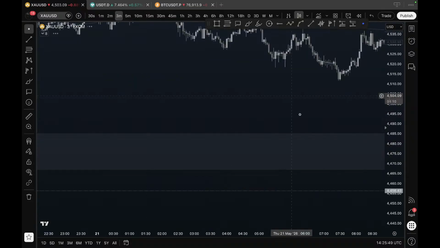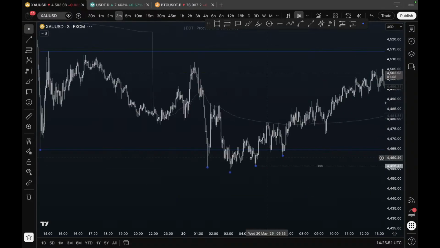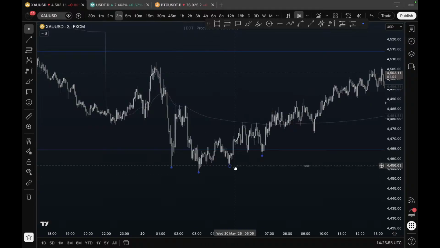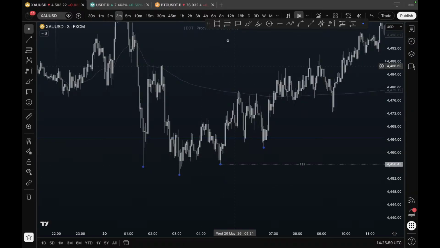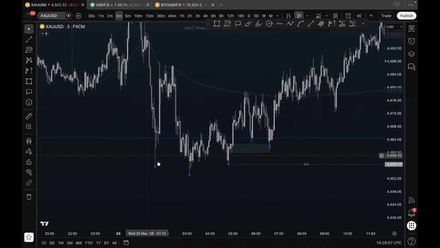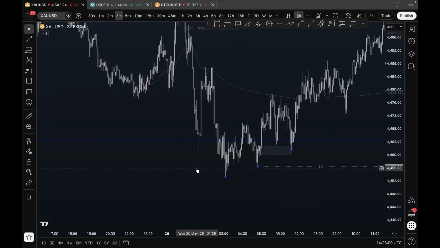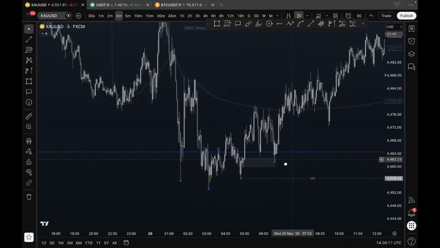So I was pretty zoomed in, and I saw this 1, 2, 3, very local model 2. Then here was no demand left behind, except this tiny demand. And the moment this got mitigated as well, when we pushed higher, I knew it is super likely that this is an accumulation in the making.